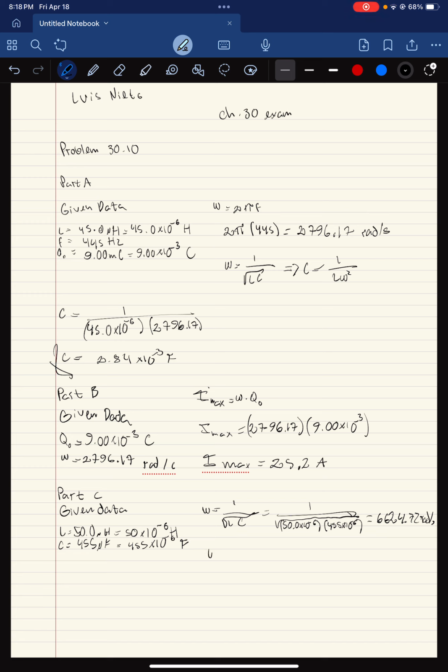Now, to get the time, we're going to use pi over 2 omega. All right, correct. So pi over 2 multiplied by 6,624.72.